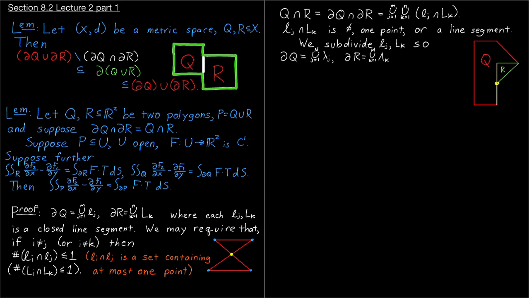And we are going to require that they're still closed line segments, and we're still going to require that they only intersect at the boundary.